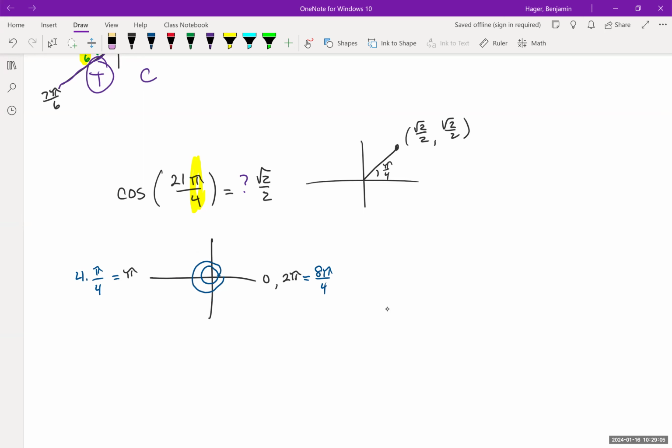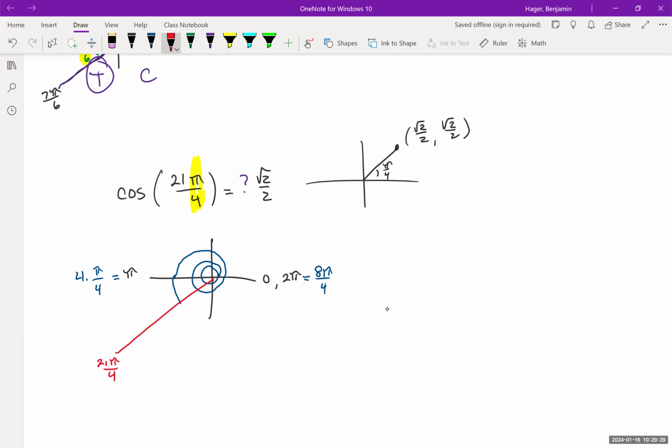Okay, so let's back off. 2 pizzas was 16 pi over 4. So if I go 4 more, I am at 20 pi over 4s, and then I need 1 more pi over 4. Boy, that was a big number, and I hope I counted it out right. But I think we're landing in quadrant 3.